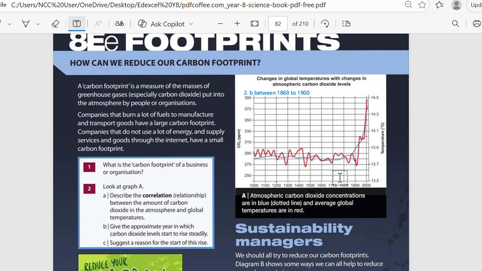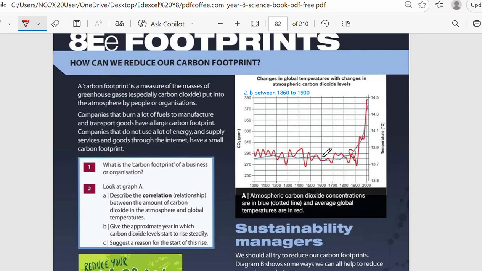No. Can you see there is a spike somewhere from here. Somewhere from here. Can you see? Yes. If I show it here, can you see from here only it's starting to rise?